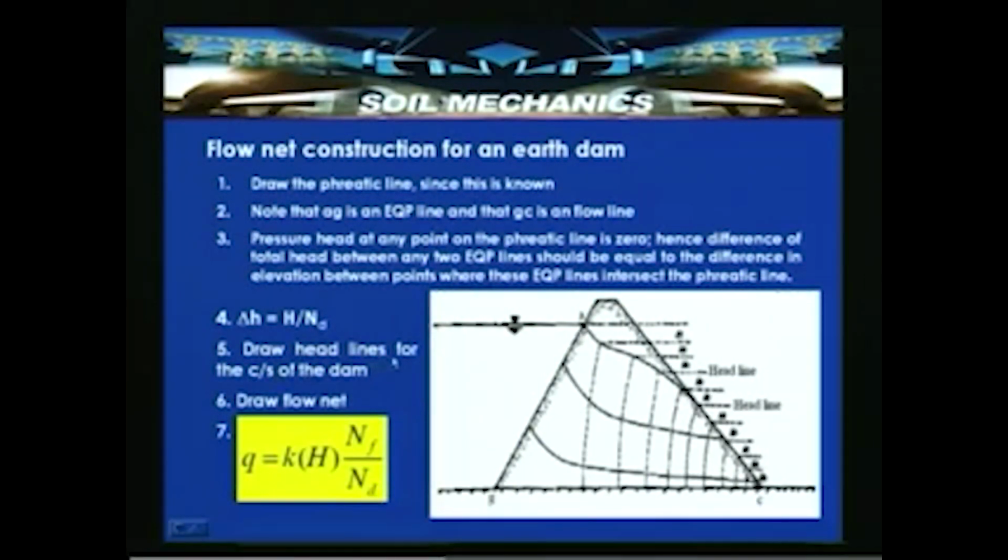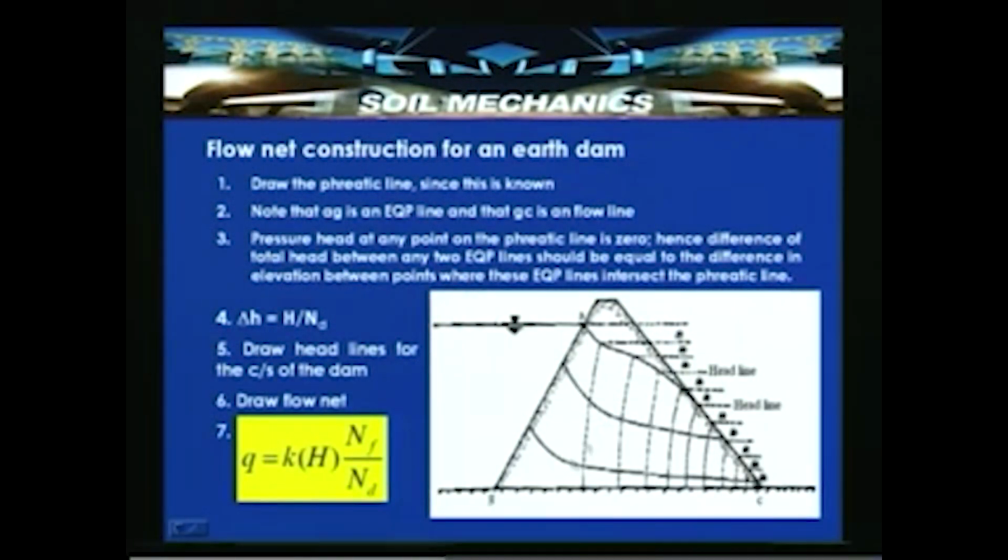So, draw the total head lines for the cross section of the dam. These are the head lines, as they are called, from the cross section of the dam, and draw the flow net, and then the seepage is determined: Q is equal to K into H, which is the head which is driving the flow, into NF by ND. NF is the number of flow channels. In this case, if you approximate, there are 2.5 flow channels.